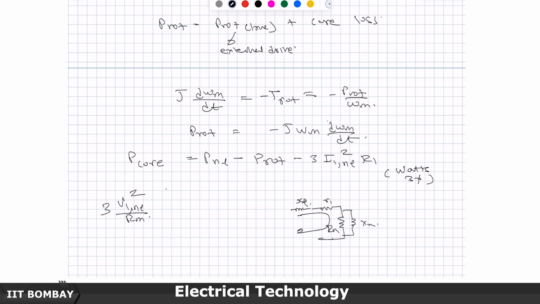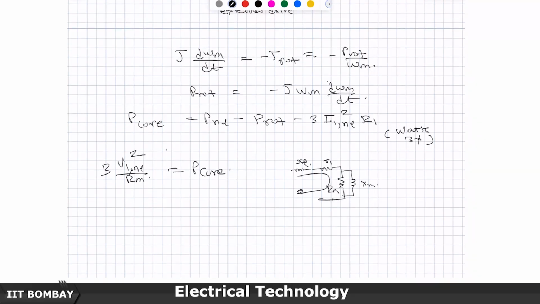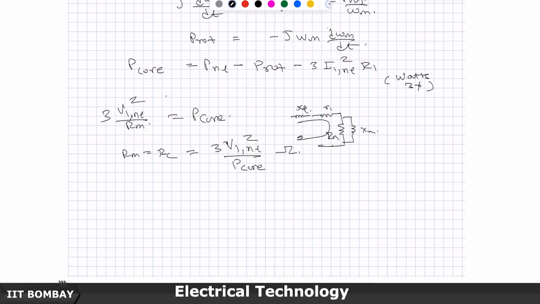For a 3 phase system you multiply it by 3, and then you will get basically the P core, which we have separated out here. So I can write Rm, another notation for which is Rc, core loss, as 3 V1 NL squared divided by P core, in so many ohms. I have measured Rc now.